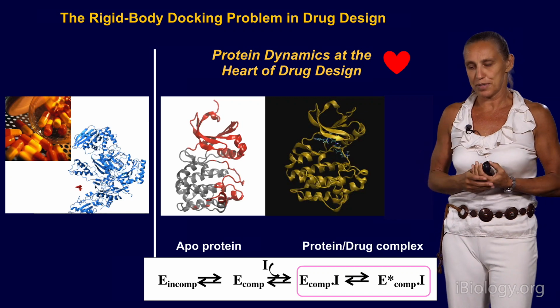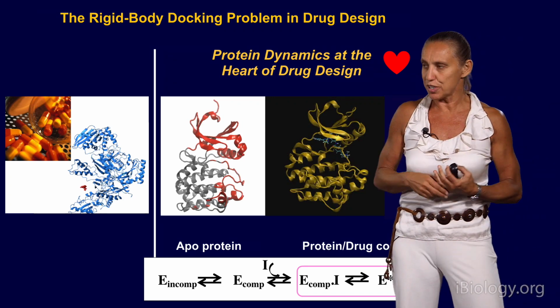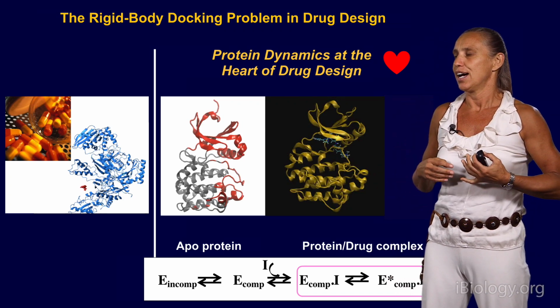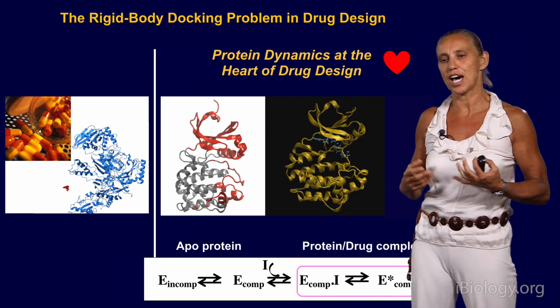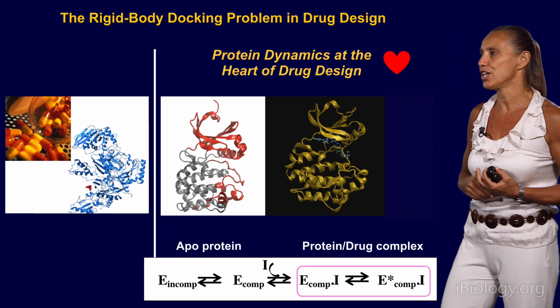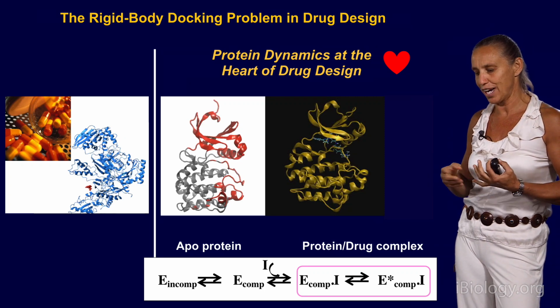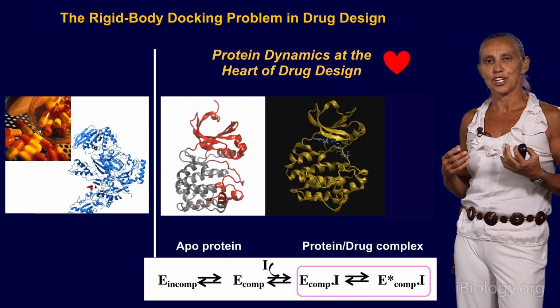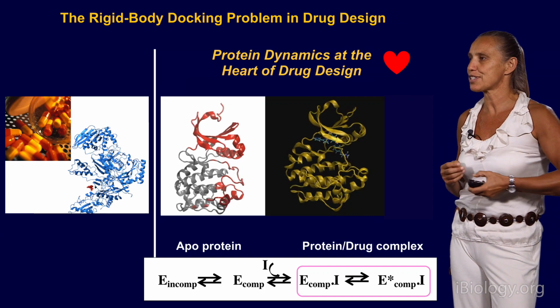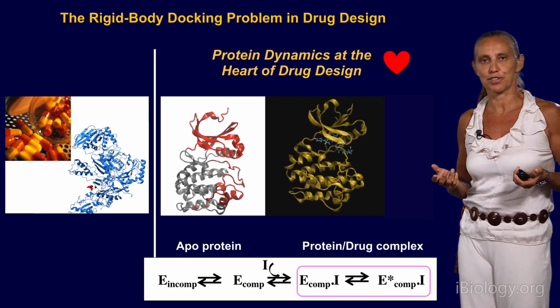So to come back to the original question, I hope I have sort of provoked your thinking to think outside of the box, that there's a lot of low-hanging fruit to go away from the virtual docking problem and to put protein dynamics at the heart of drug discovery.